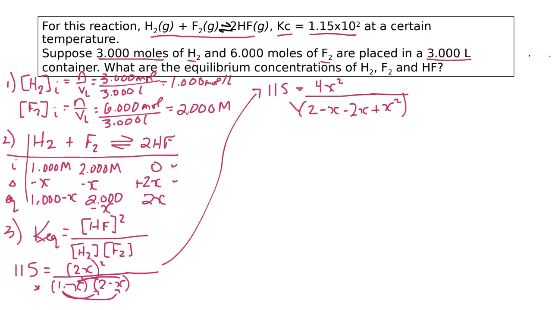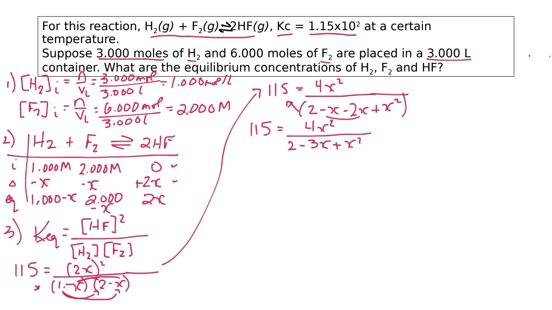So we're going to take everything in the denominator and we're going to cross multiply by 115. So the first thing that we'll do is we'll just clean this up. So we'll do 4x squared, and then we're going to divide by 2 minus 3x, because we're going to group these terms right here. And then we're going to have plus x squared.